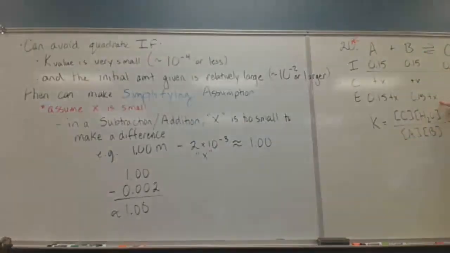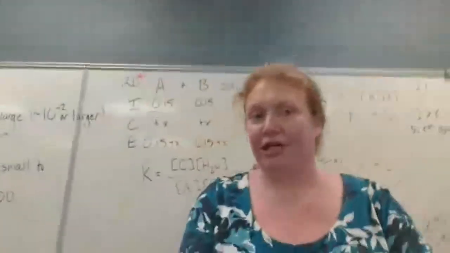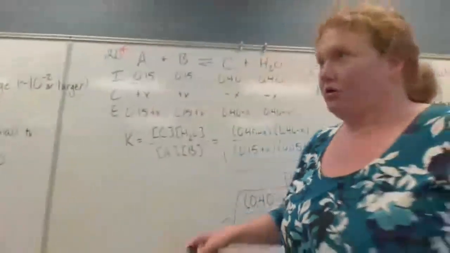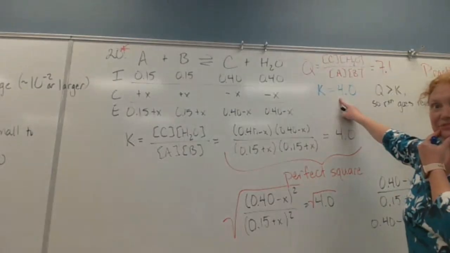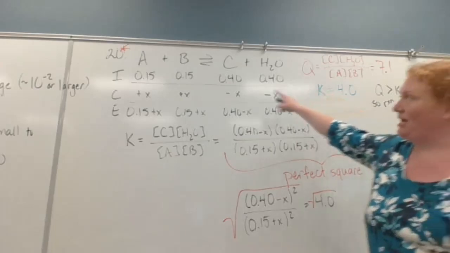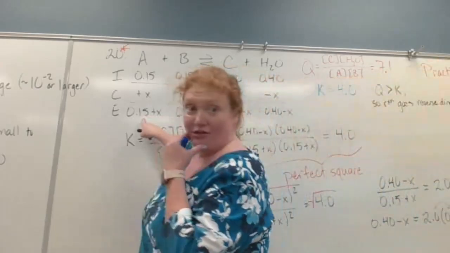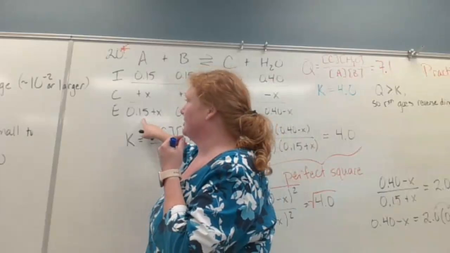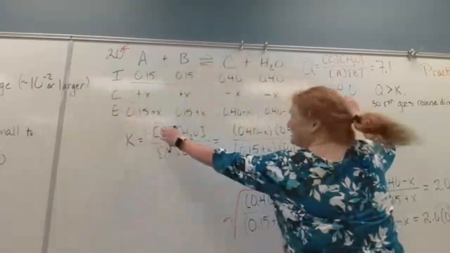So let's say we could assume here, which we cannot, because why? Think about the 2 criteria I just gave you. My K value is pretty high. It's 4. It's not very small. And my initial values are also not very low. I mean, they are large, but they're too close to this.